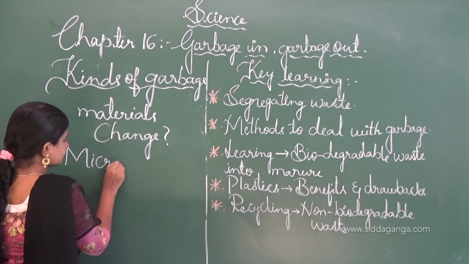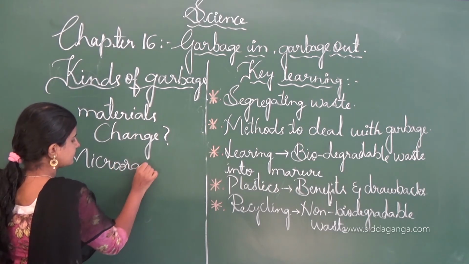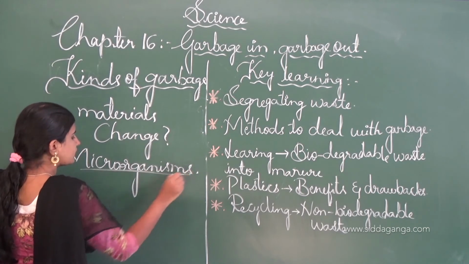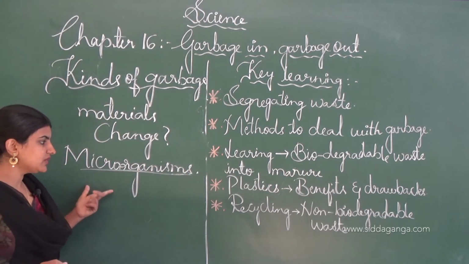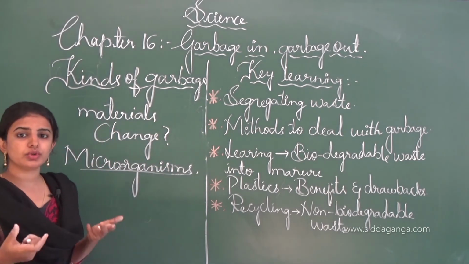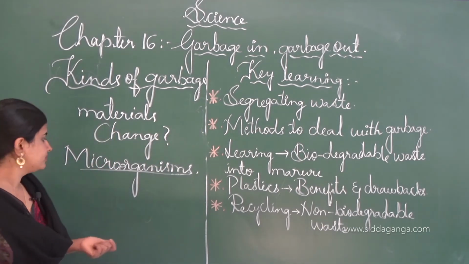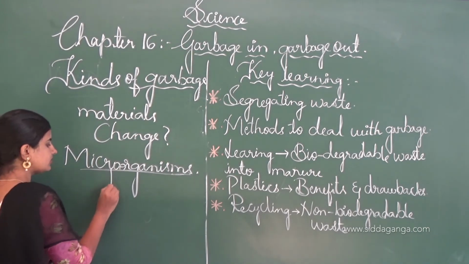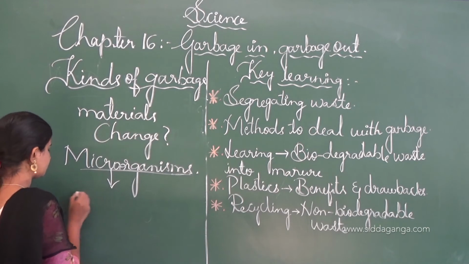Microorganisms. See, microorganisms are those organisms which can't be seen with our naked eyes. They can be seen only under the microscope. And these microorganisms acted on the complex substance.